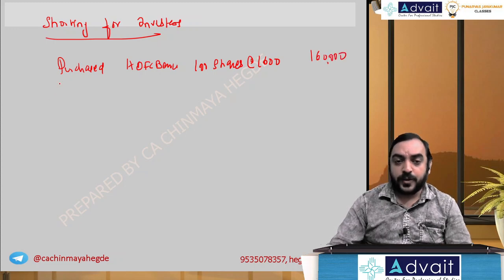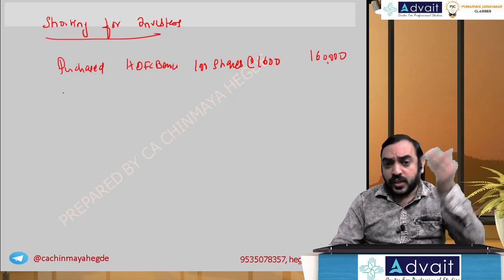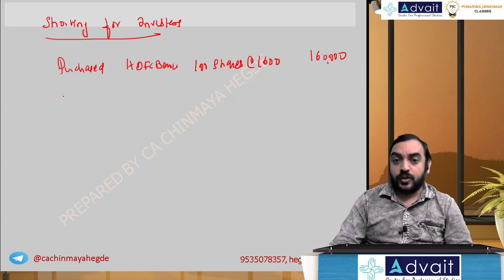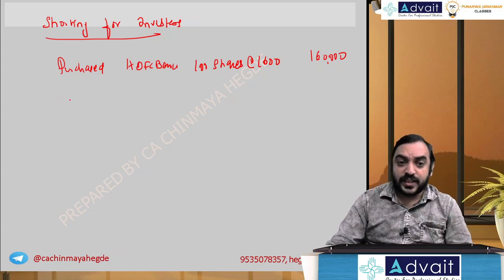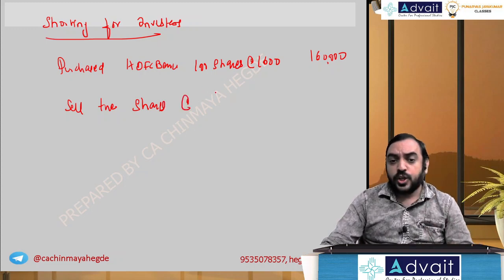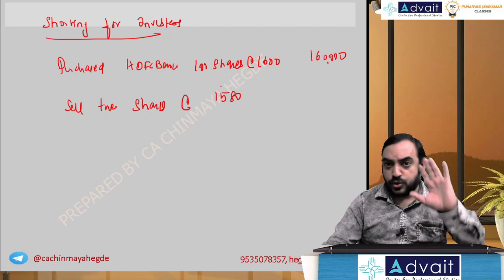Now what will happen? Suppose the share is falling down. You are expecting further downfall. So what do you do? You sell the shares, which you have in your account. Let's say it has fallen to 1,580. You have sold.